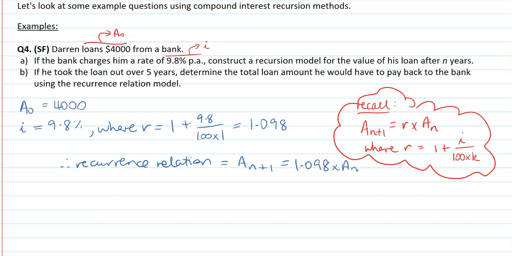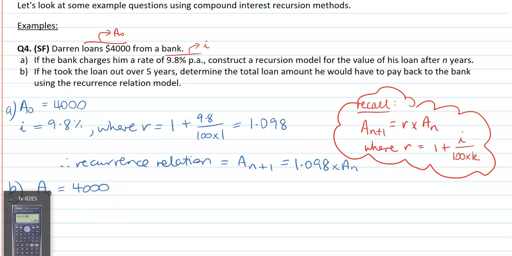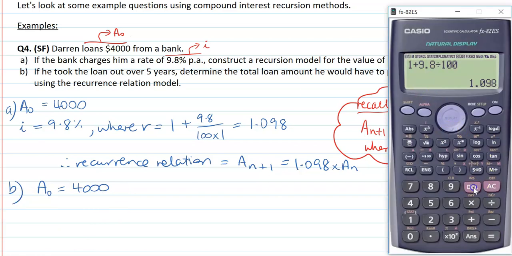Okay, and so that's A. We can go ahead and start on B now. So we have our recurrence model that we can use. So knowing that our initial amount was the $4,000, we can use our recurrence on our calculators. So remember, we can get the calculator to do the recursions for us.